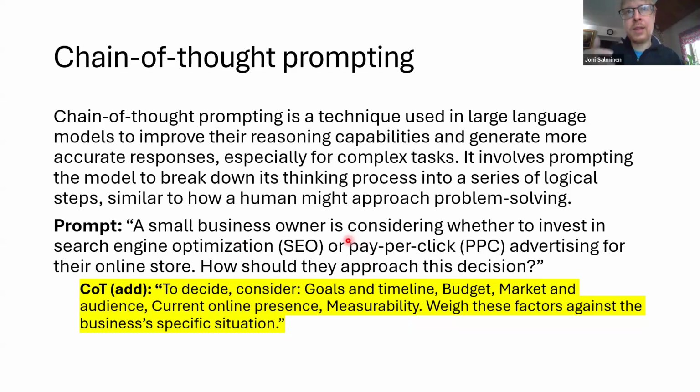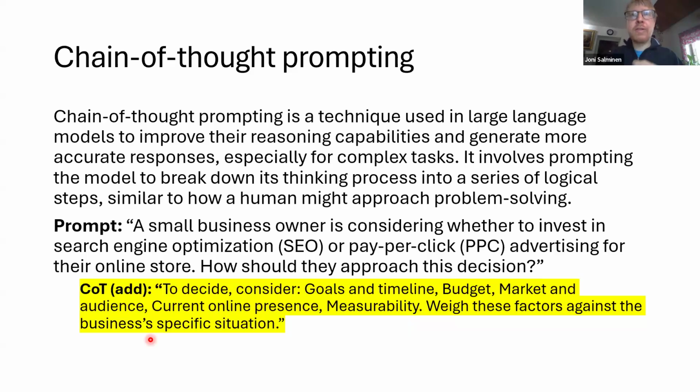You might get a good response, but in some cases you might tell the model more specifically what aspects to consider. So this is the chain of thought: you provide a path of how the model should approach the problem. You consider goals and timeline, budget, market, audience, current presence, measurability, and weigh these factors against the business-specific situation. So this tells the process of how to solve this problem.